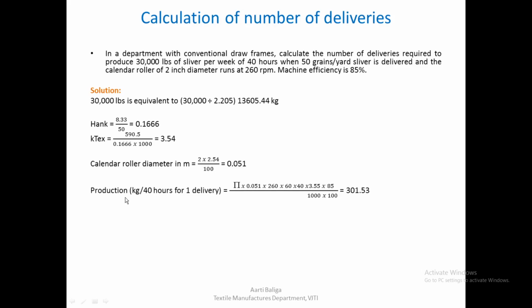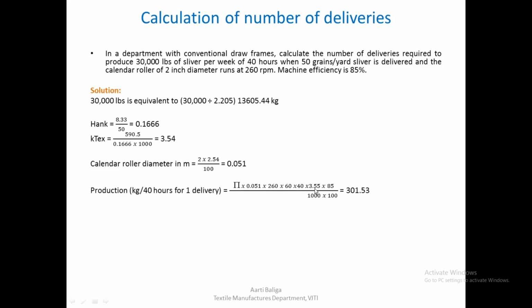Then we calculate production in kgs per 40 hours for one delivery. For one particular delivery, it would be pi into d, which is in meters here, into n, which is given as 260. Since it is for 40 hours, I need to multiply by 60 and multiply by 40. This will give me meters per 40 hours that are delivered.